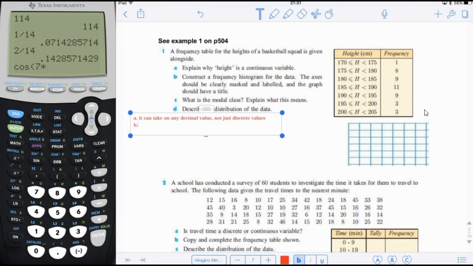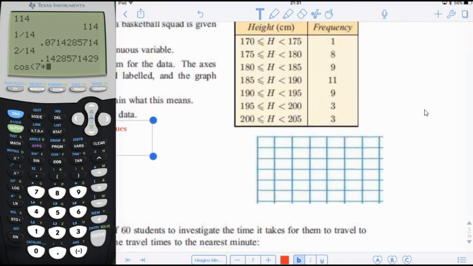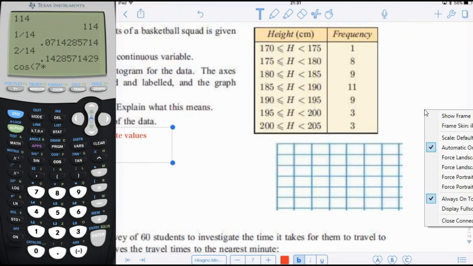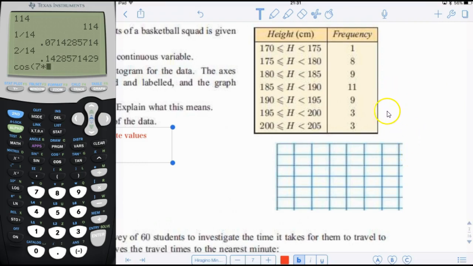Okay, we'll do that at the right. So we're going to mark the x-axis with the heights, and then we're going to mark the y-axis with the frequencies.